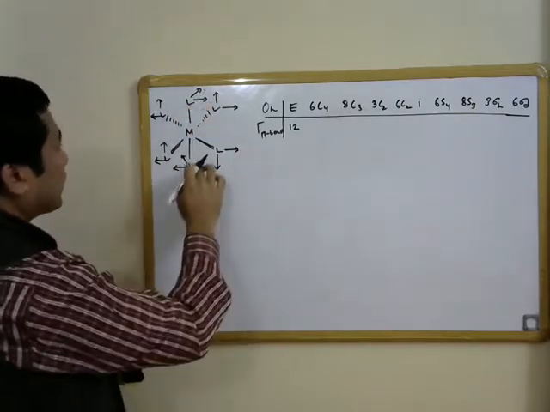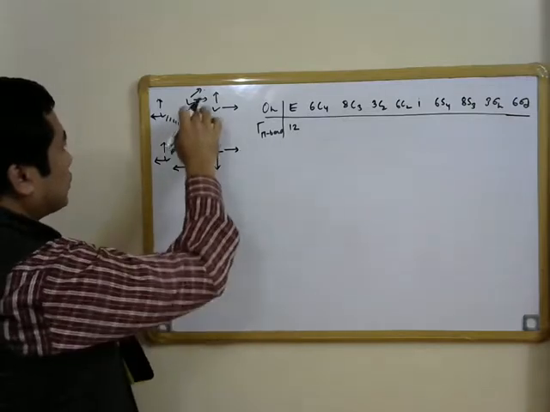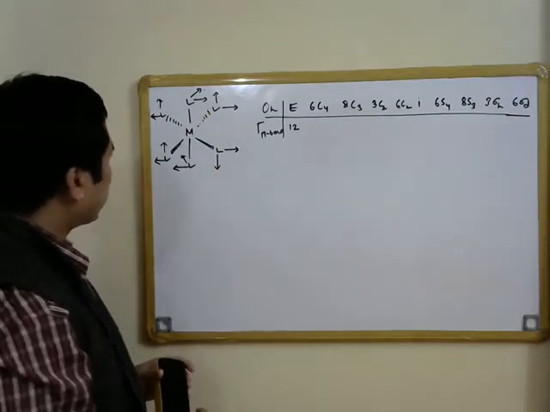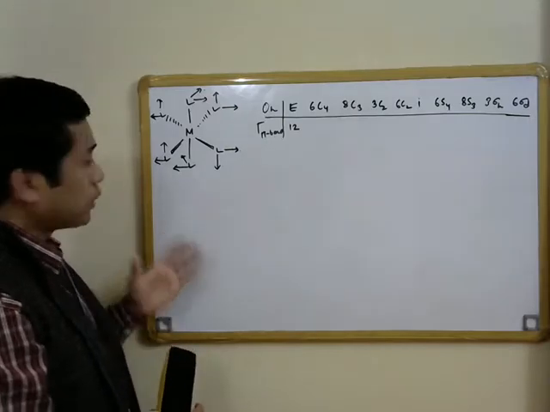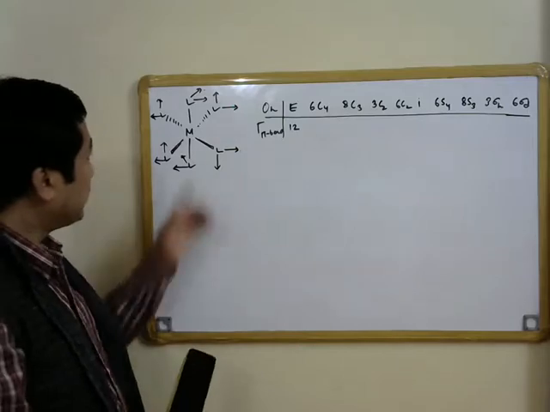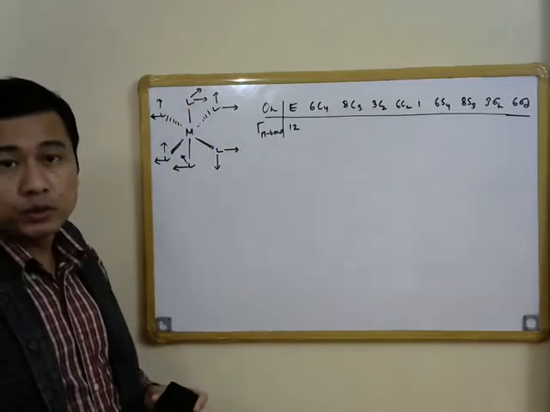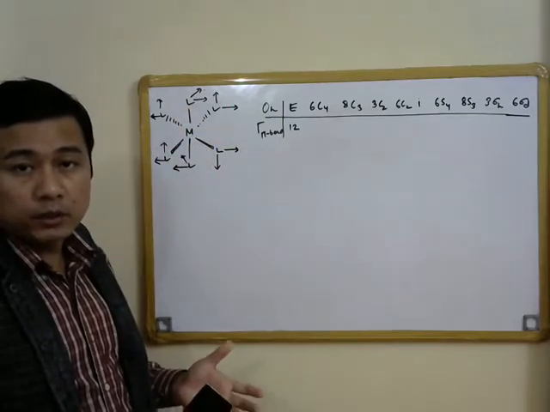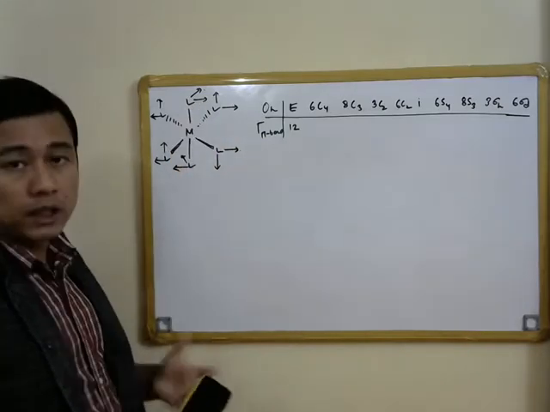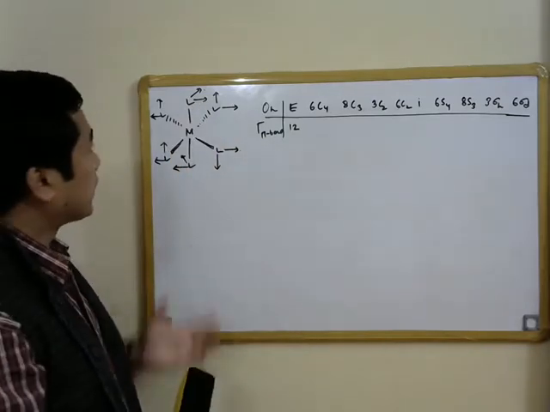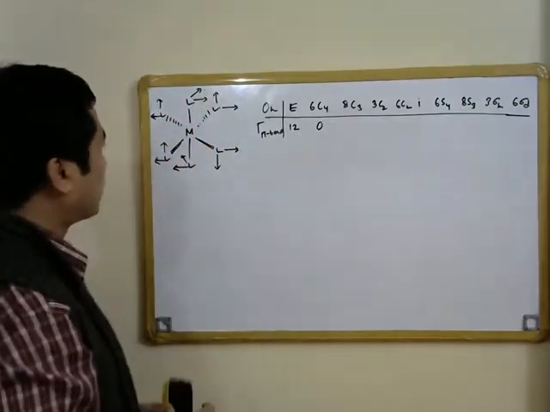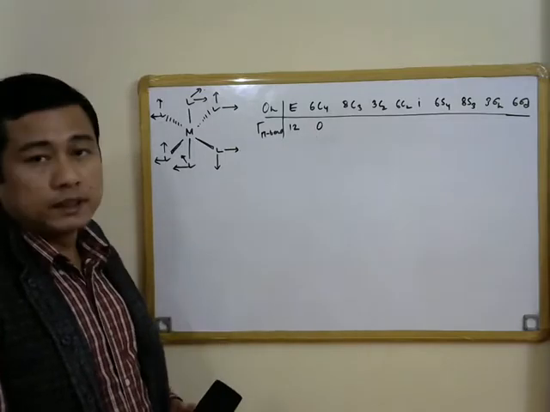Only the bond vectors which lie on these two axial ligands will contribute towards the character, and each of these bond vectors is going to rotate by 90 degrees, so each is going to contribute cos 90 degrees, which is equal to 0. So the total character for the C4 operation is going to be equal to 0.